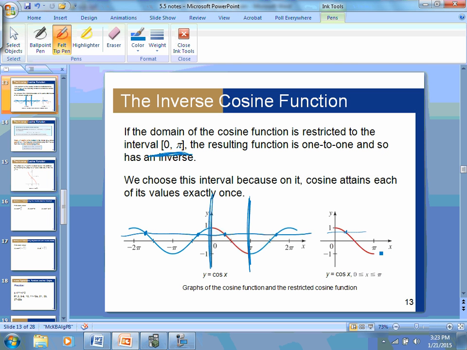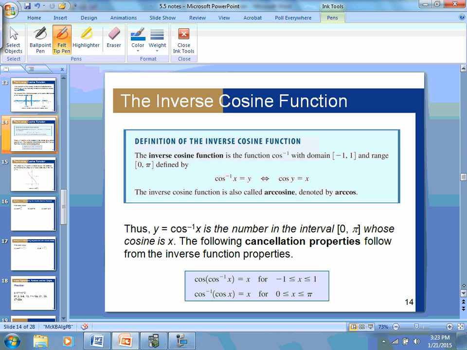Okay, so you have to remember now that cosine, you have to stay between 0 and pi. Now again, our domain is going to be from -1 to +1, just like before.